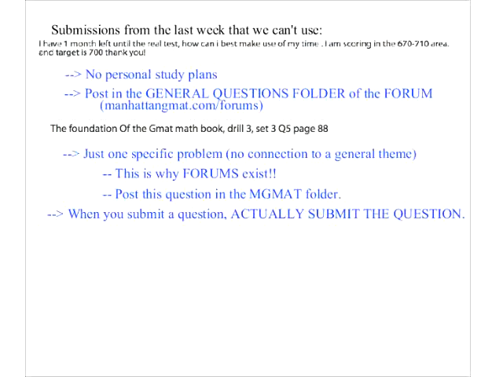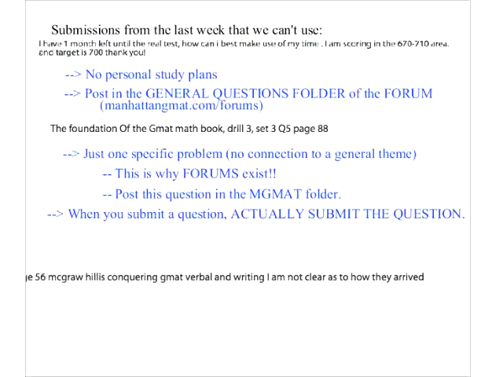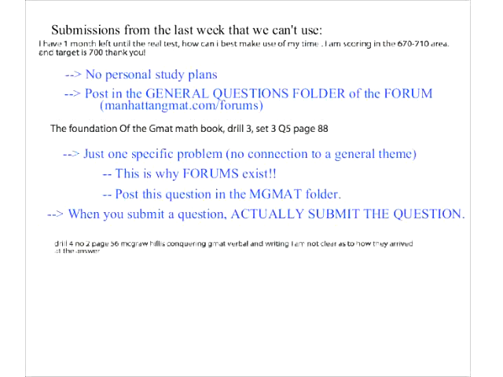And then probably the most questionable submission that we've had in the last couple of weeks was this. Someone wrote, drill number 4, number 2, page 56 of McGraw-Hill's Conquering GMAT Verbal. I don't know what's going on here, but whoever submitted this must assume that we have all of these books.